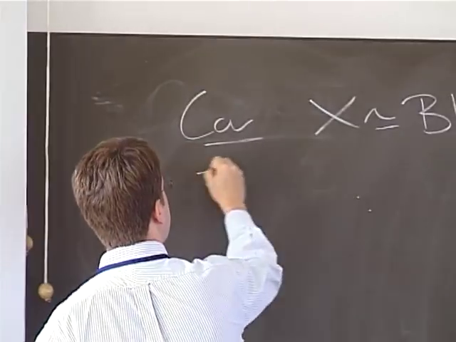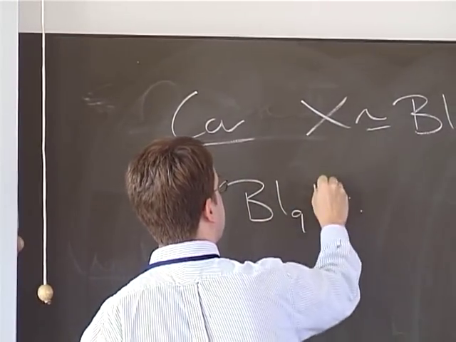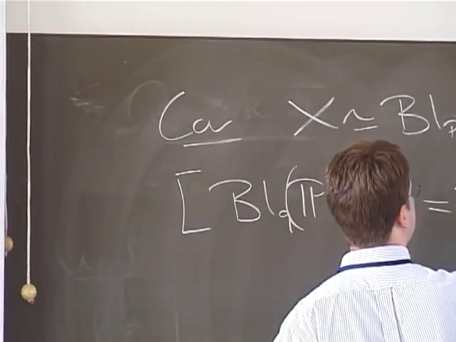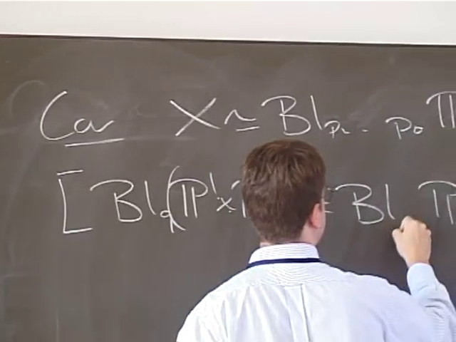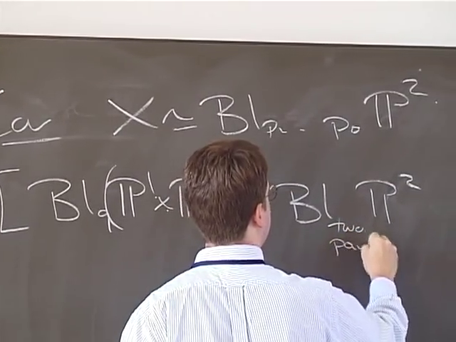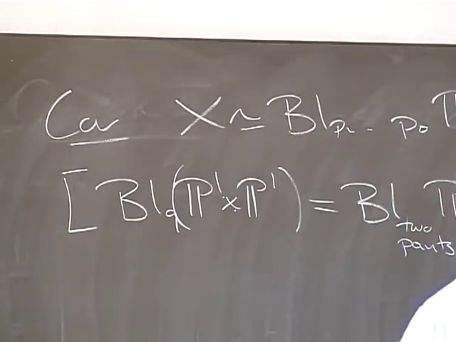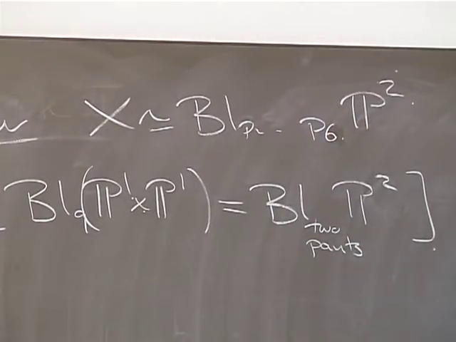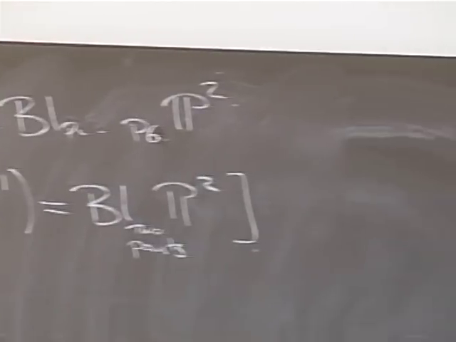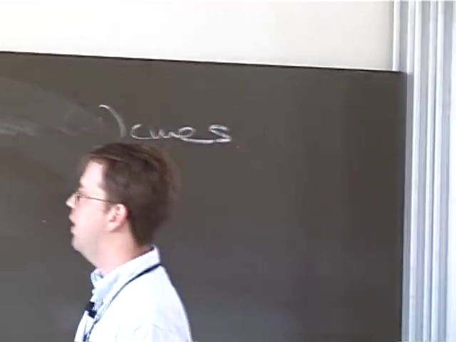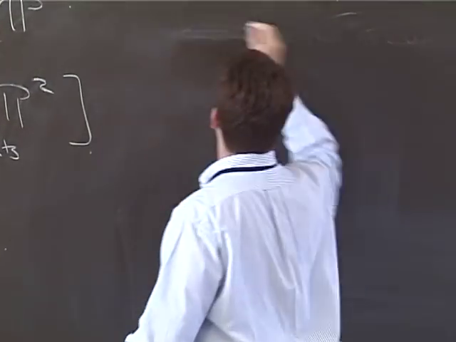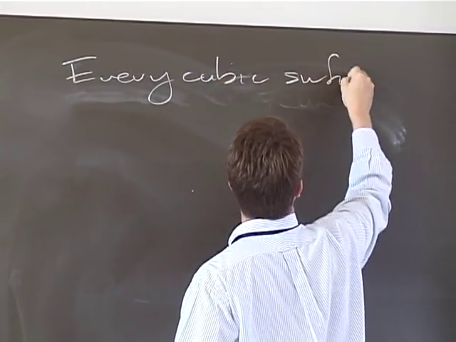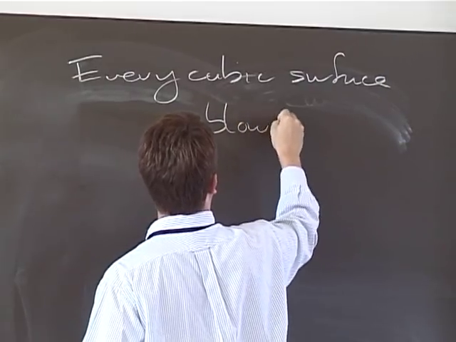I guess the key ingredient here is if I take a point and blow it up in P1 cross P1, this is isomorphic to the blow up of P2 at 2 points. Sorry, what was the suffix? This is 6 points. So we've recovered the fact that this proves that every cubic surface is a blow-up of P2.